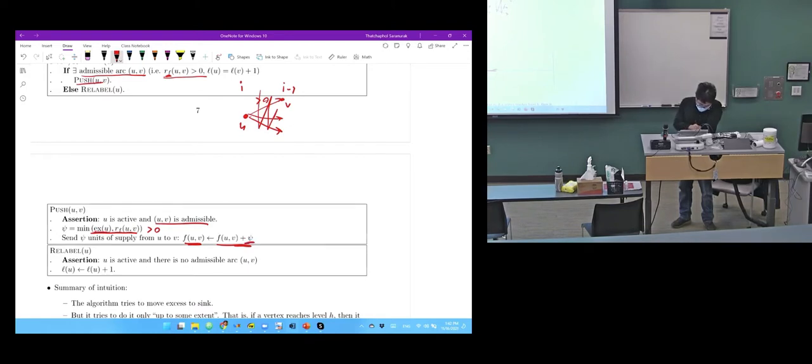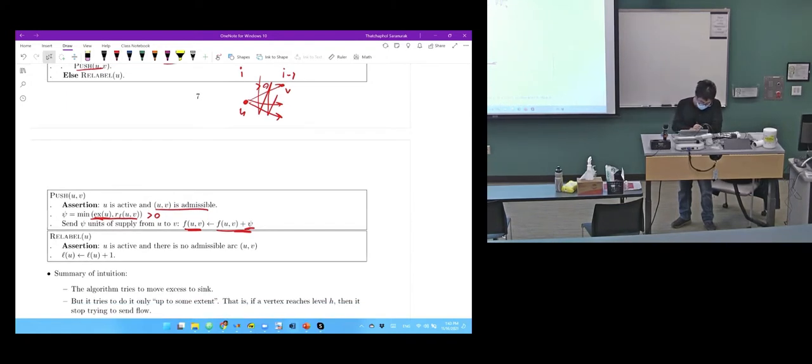You send as much as possible: the minimum of your excess and the residual capacity along that edge. Otherwise, if you relabel, it just means that you increase the level of the node. So that's the algorithm.